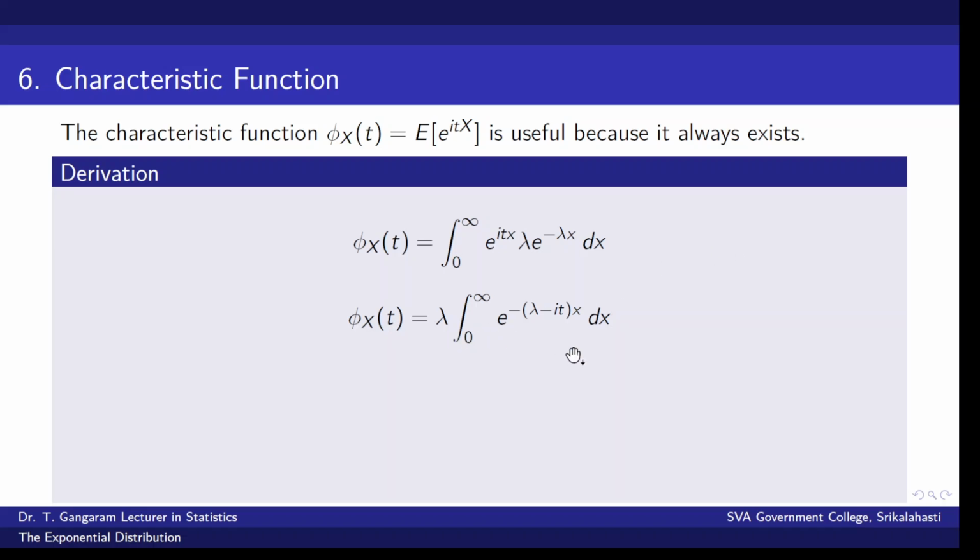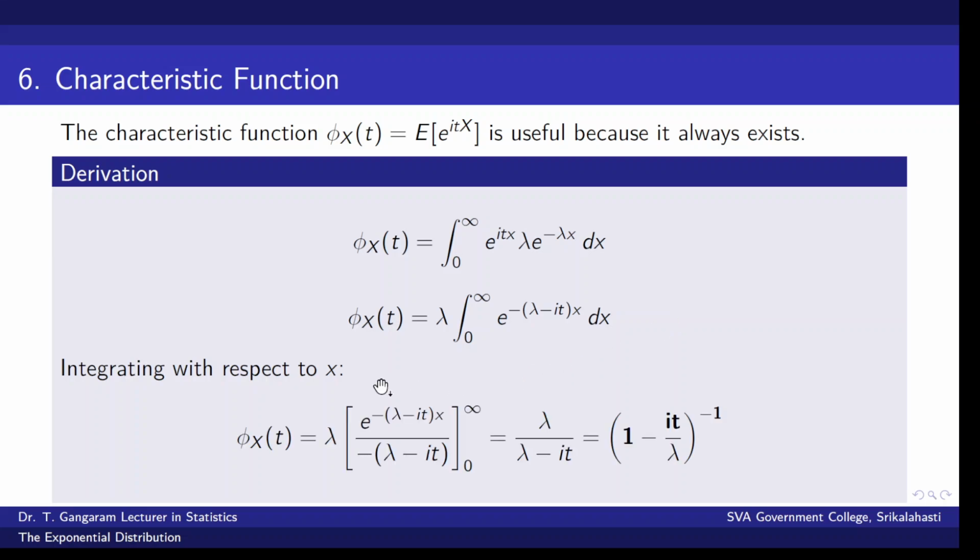Lambda comes out by combining the powers of exponents, e power minus lambda minus it into x dx. Integrating with respect to x, lambda comes out, e power minus lambda minus it into x divided by the coefficient term minus lambda minus it remains over the range 0 to infinity.